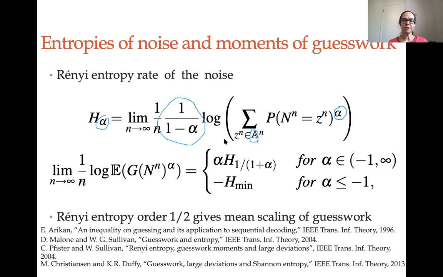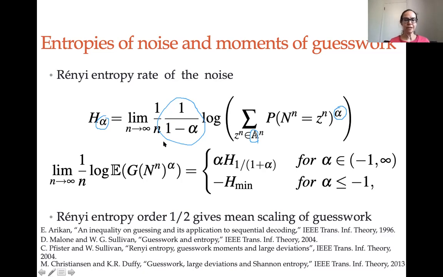So why is the Shannon entropy of interest to us? Well, we saw that it is helpful for determining mutual information, that it's helpful for determining the typical set. Why is Rényi entropy interesting to us also, other than the fact that it is inherently a generalization of Shannon entropy?